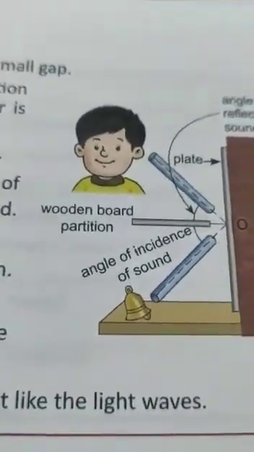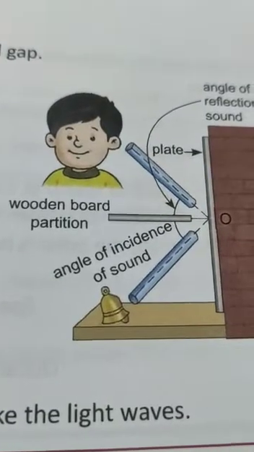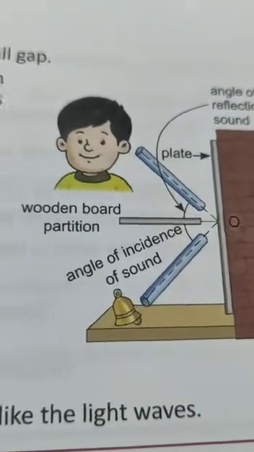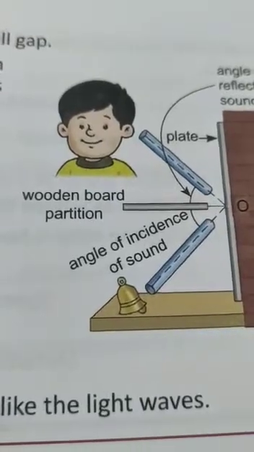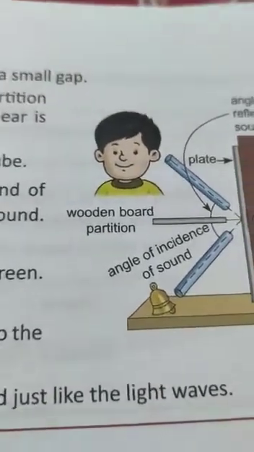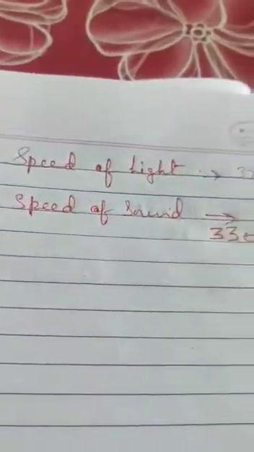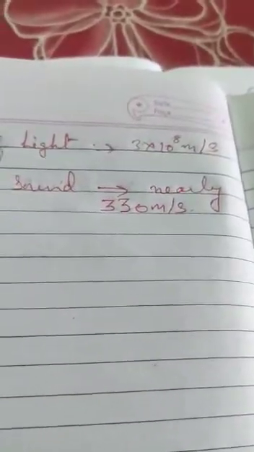When a sound strikes a hard surface, it returns back within the same medium, like light. We all know the speed of light in air is 3 into 10 to the power 8 meter per second, and the speed of sound is nearly 330 meter per second.